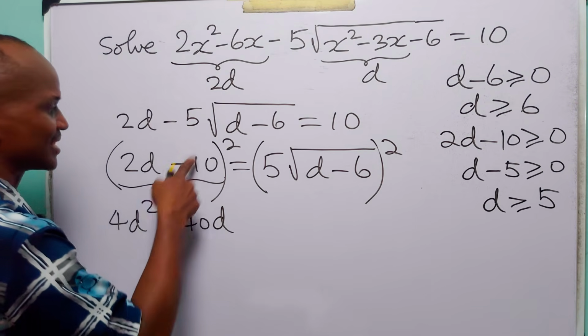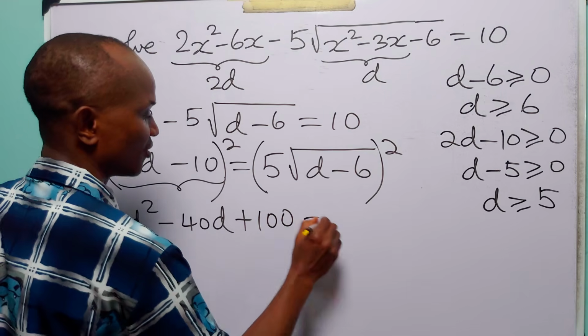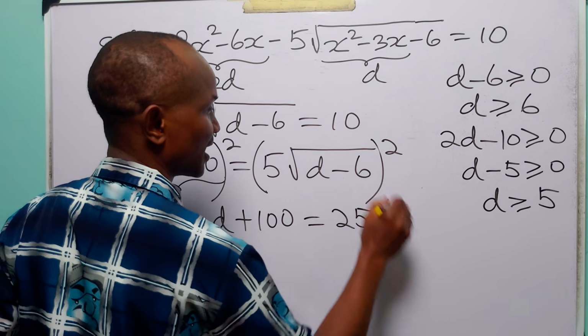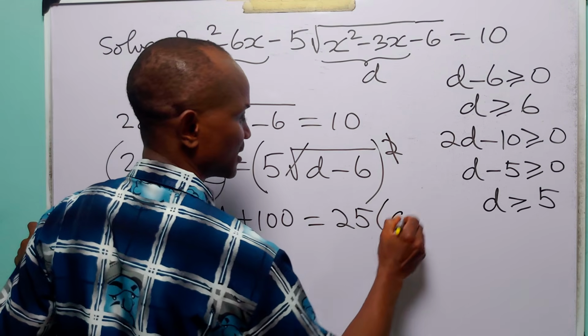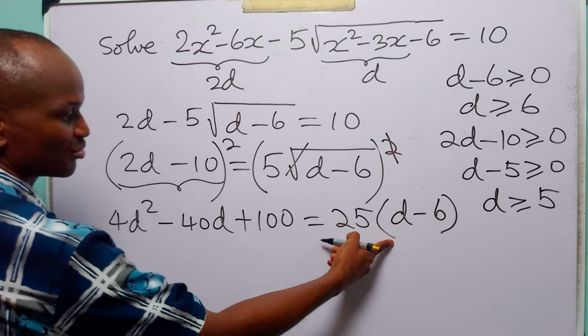Then we have minus 10 squared, which of course is equal to 100. Now 5 squared is 25, and of course this is going to take care of that, leaving us with d minus 6. Now let us open this bracket.